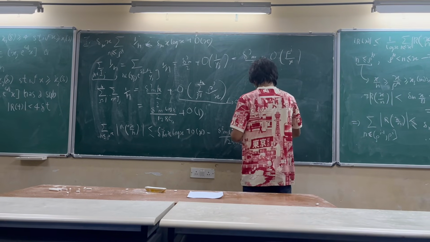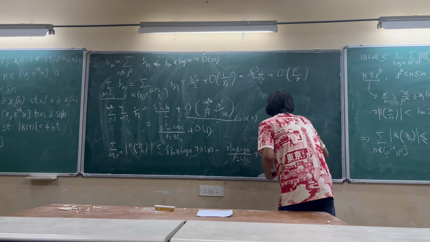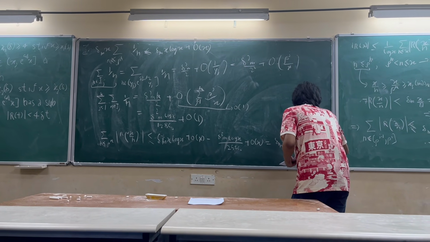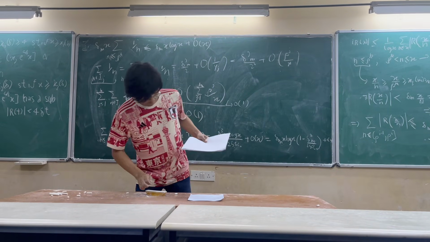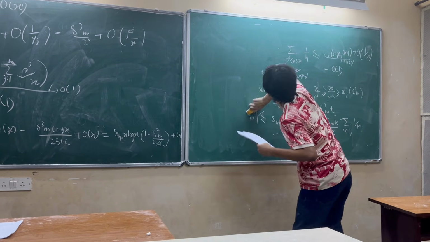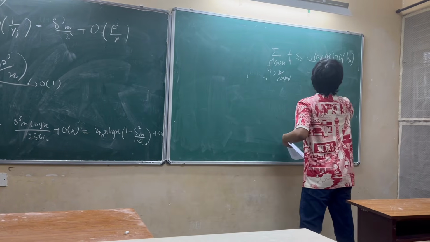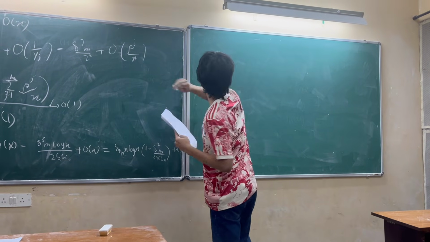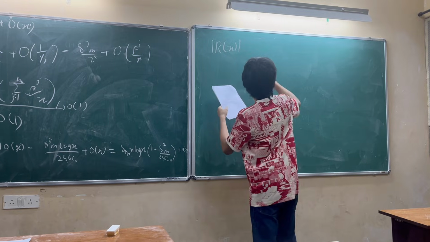But this is in fact equal to delta m. Now that we have that, we can apply the theorem we proved earlier to see that mod of r of x is in fact less than equal to.